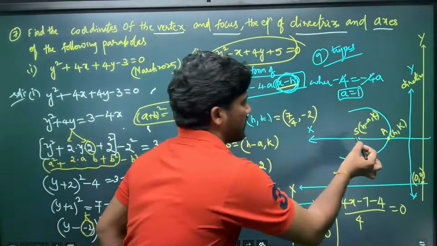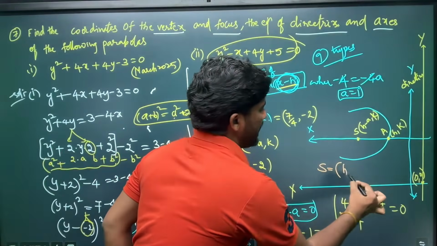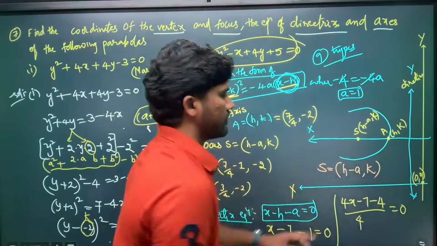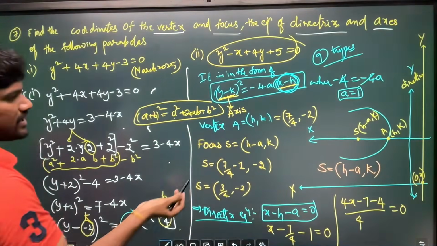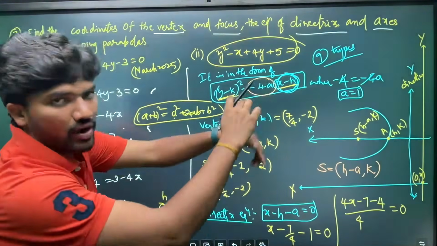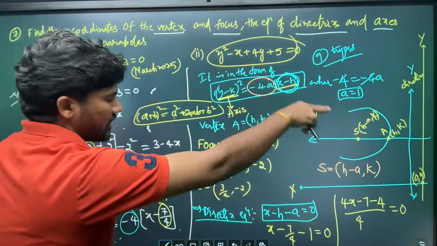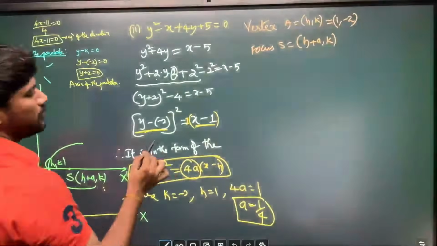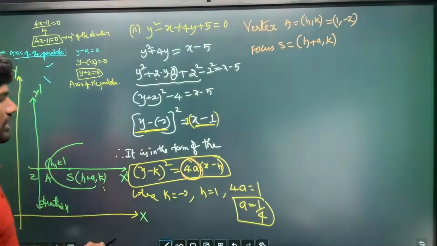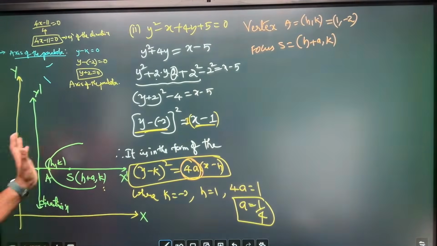Then we got focus S is equal to H minus A comma K. Okay. Now in this problem, why? Because here minus A is there కాబట్టి that parabola turns towards negative x-axis. But here we have positive 4A ఉంది కాబట్టి that turns towards positive x-axis. Then this becomes H plus A.